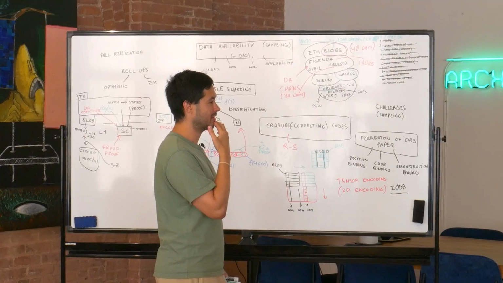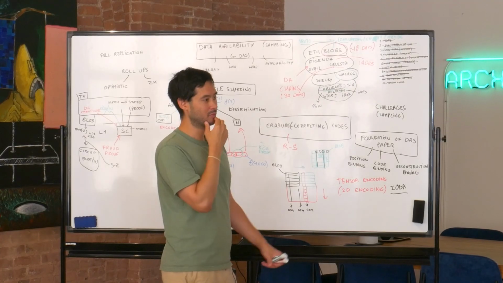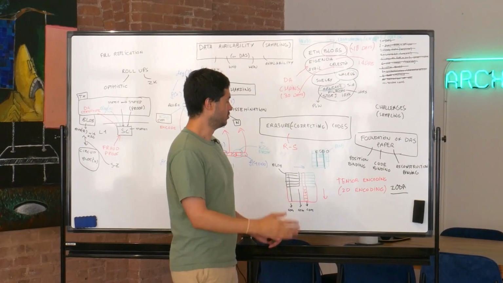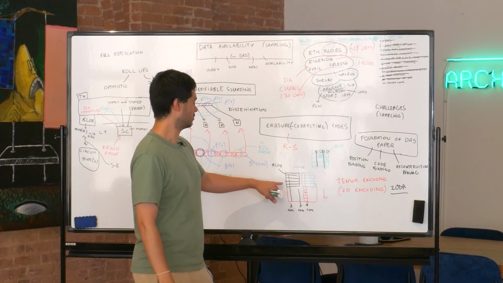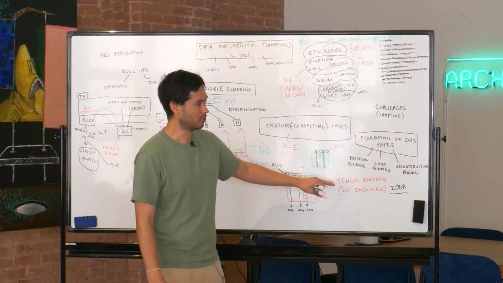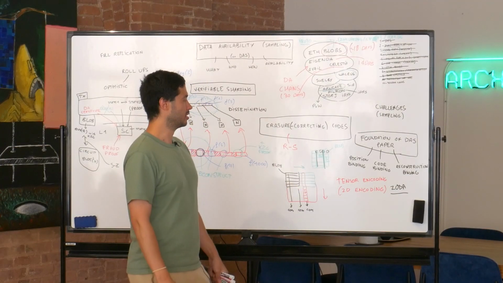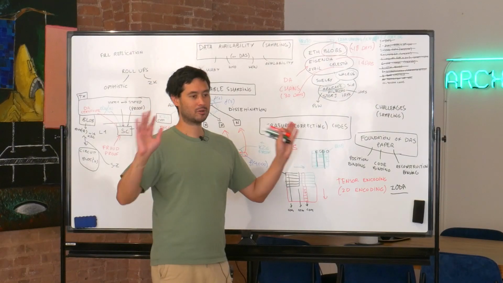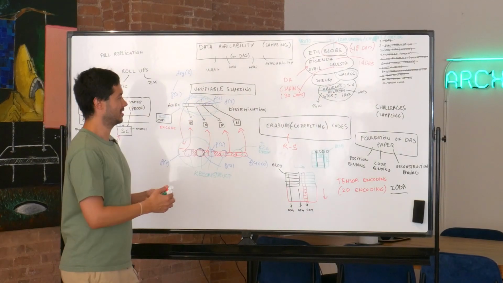I don't know too much about that. I think sometimes people use, there's this paper called twin codes, and they use a different encoding for the rows and then for the columns. Yeah, I don't know. Let's not talk about that, maybe another time.